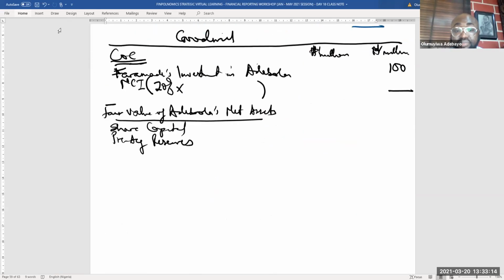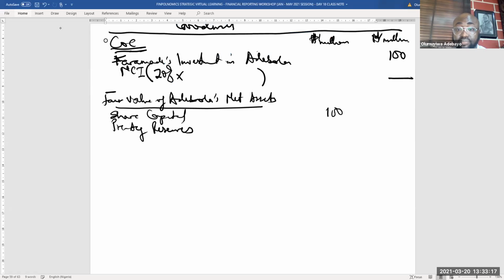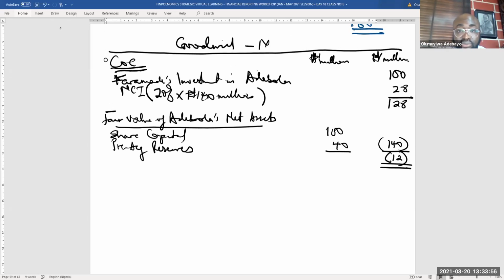It's 40. 100 and 40 will give us 140. 20% of 140 million is 28 million. That's 128. There's a difference of 12, which we'll have considered as a negative goodwill.